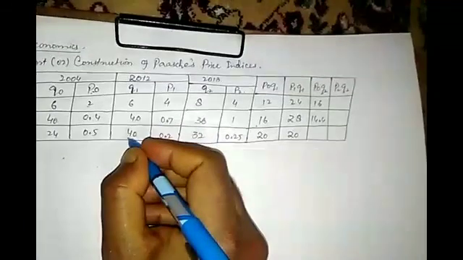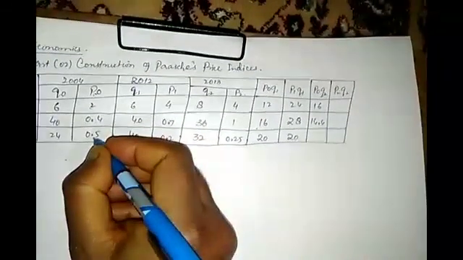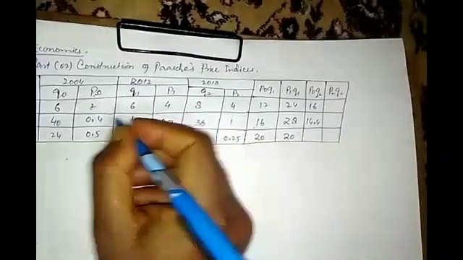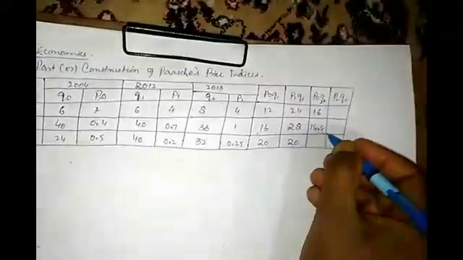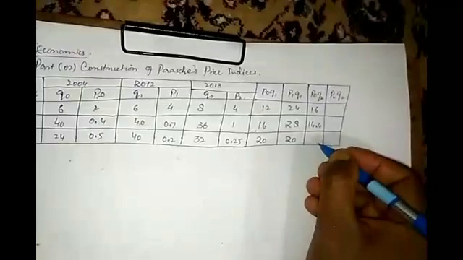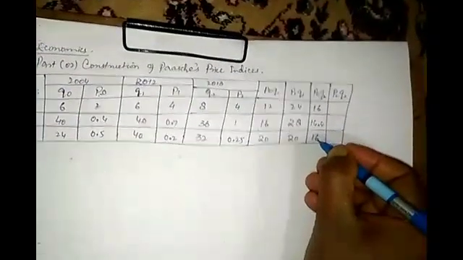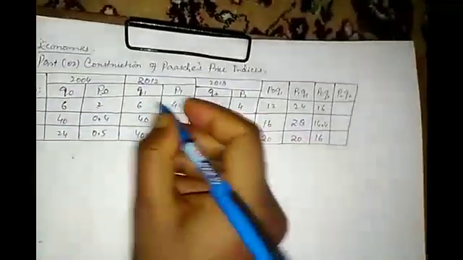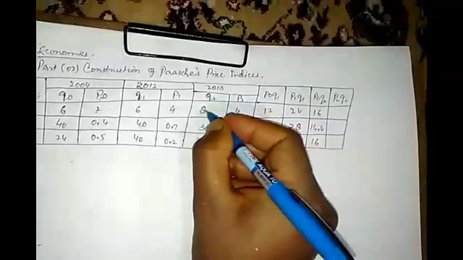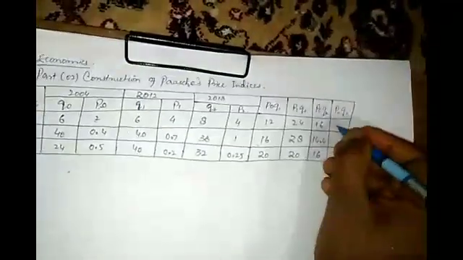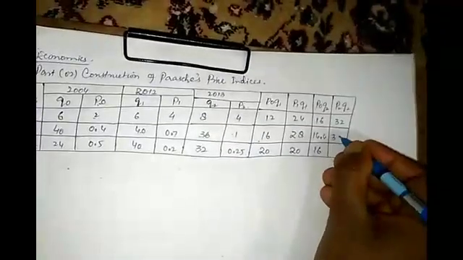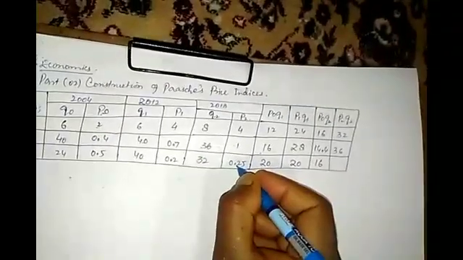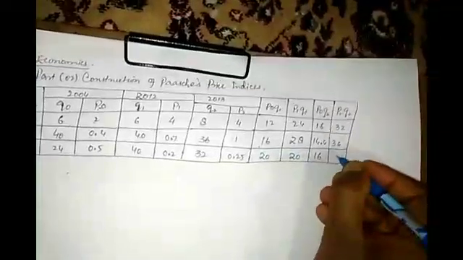Then 0.5 into 32 is equal to 16. Then P2Q2. 8 4s are 32, 36 is 36, 32 into 0.25 is equal to 8.